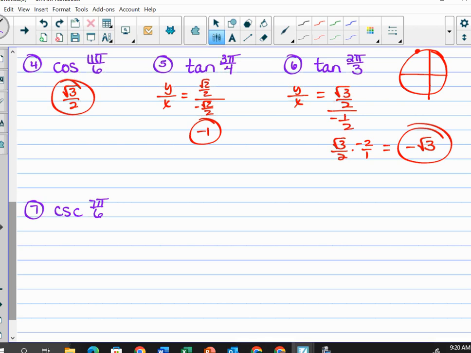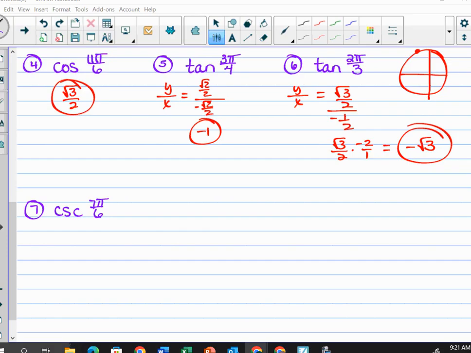Okay. So you're just into the third quadrant. Okay, you're like, great, now what? So that 1/2 over 3. 7 pi over 6.